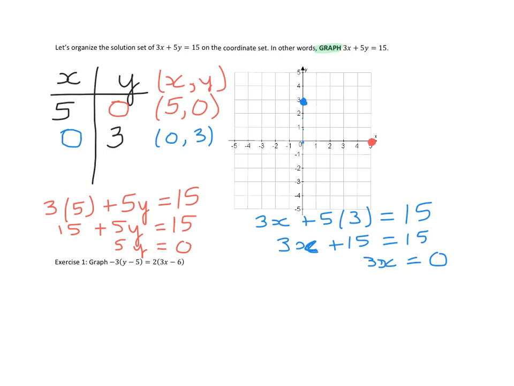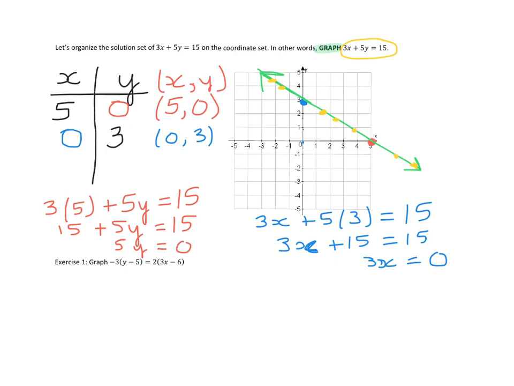Okay, and if we were to plot more points, we would see that this ends up being a line, which is why they're called linear equations, because the graph of the equation is a line. All right, and 2 points make a line, so we're good to go. So again, if we were to find any point along this line, these all represent ordered pairs, and if we plug in the corresponding x and y values, it's going to make 3x plus 5y equals 15 a true statement.